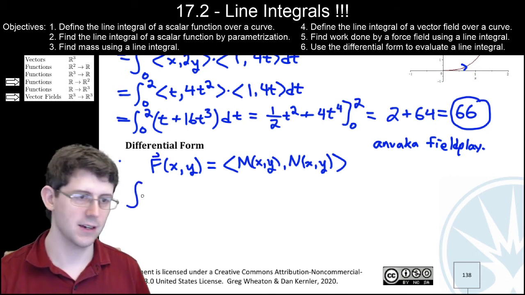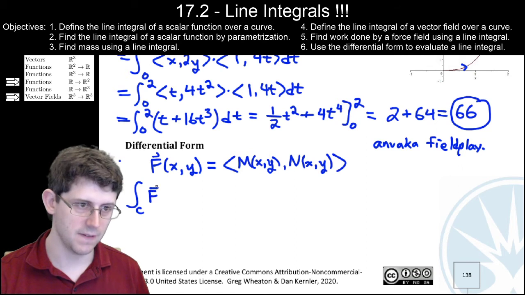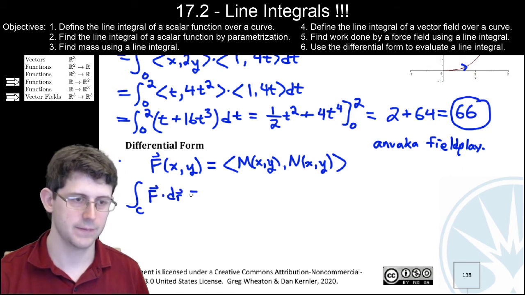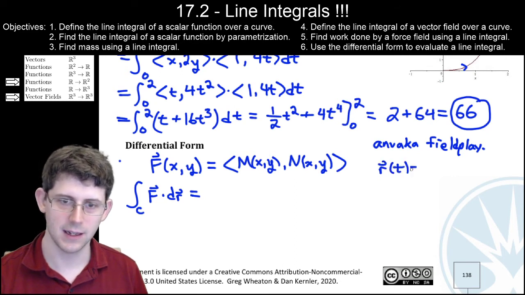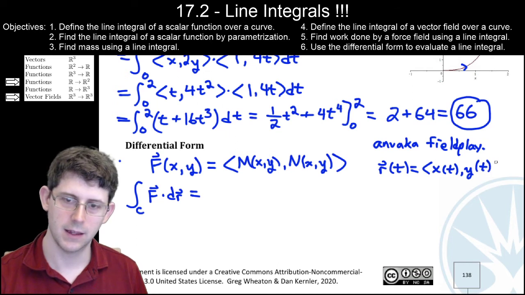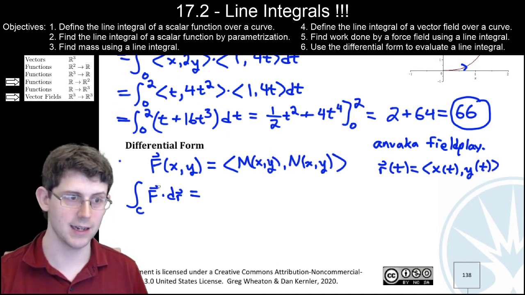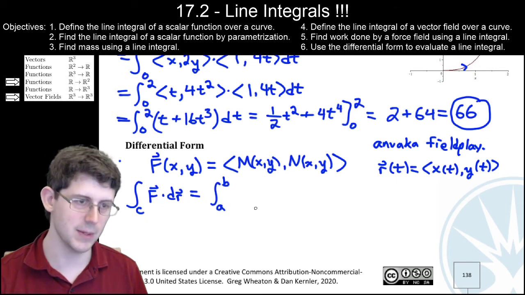When you find the integral over a curve of F dot dr, you parameterize the curve like usual. I'm just in 2 dimensions here, so it's going to be x of t, y of t. And you use that to get going on your vector field calculation. So you're going to have some bounds from a to b.